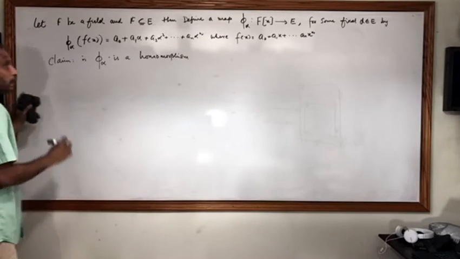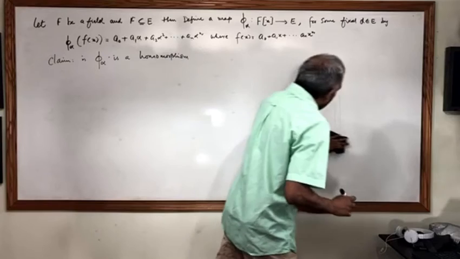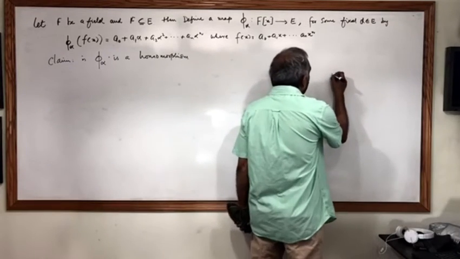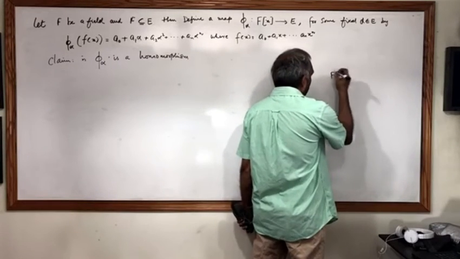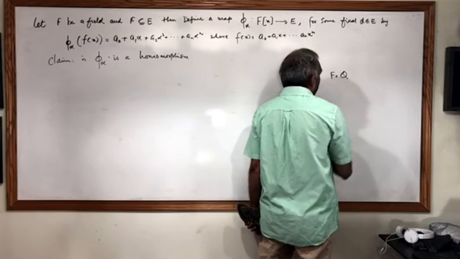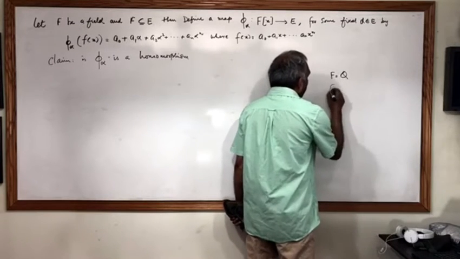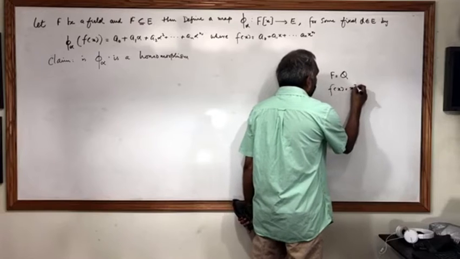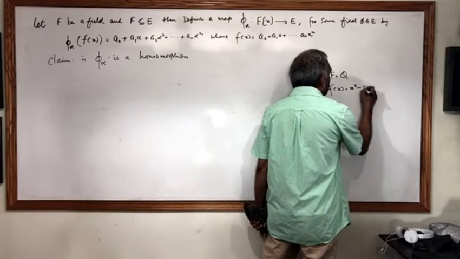Okay? See, the basic idea here is, let us say you take F equal to Q, and f of x is equal to x square minus 2.